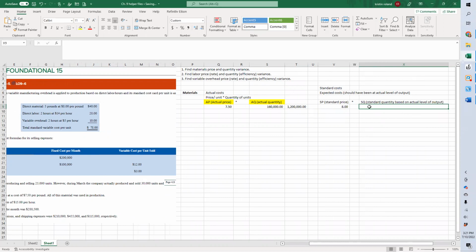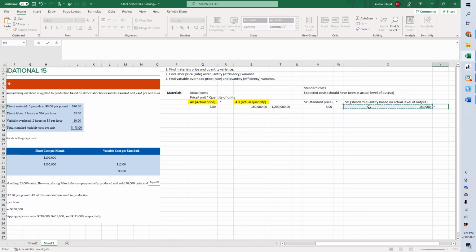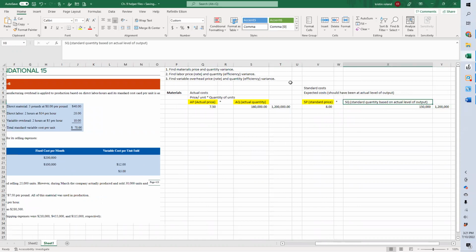So the expected quantity of wood that we expected to spend is 30,000 units times 5 pounds, right? We expected to use 5 pounds per chair produced. So if I multiply those two out, I get that my standard cost, right, should have been 1.2 million. Let me just highlight these because we're going to come back to this.